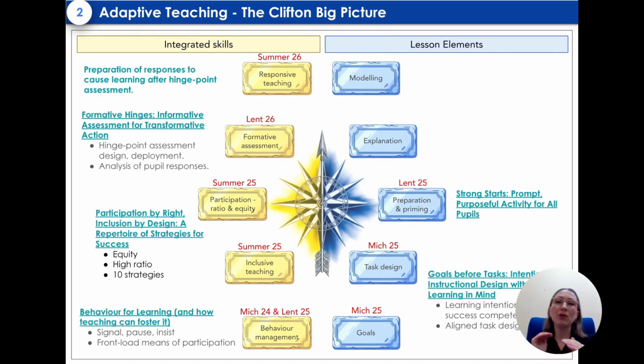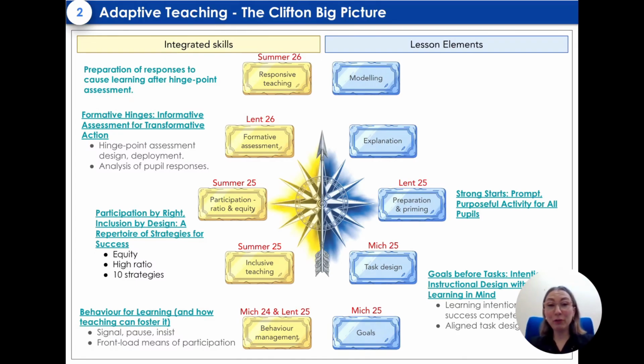But we wanted to make sure that we had effective hinge point assessments habitually in teachers' repertoire before we moved on. And obviously we've got lots of very experienced teachers and lots of expertise in the college, so teachers will naturally be starting to respond and act in ways that are effective to drive learning anyway, but we're going to just look at some strategies that could be added to that repertoire next term.